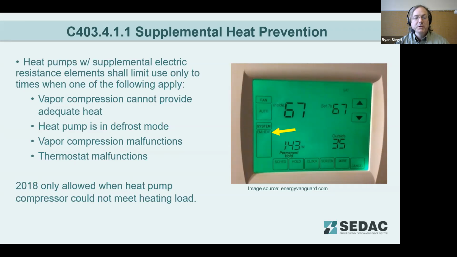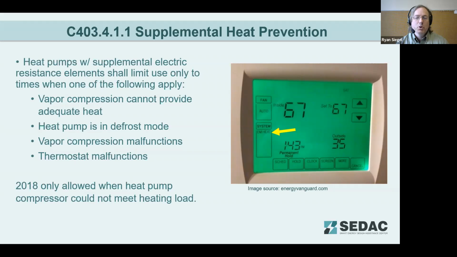During times the heat pump is in defrost mode, obviously it's not going to be able to provide heating while it's trying to defrost at the same time. If the vapor compression malfunctions, or the thermostat has a malfunction. So one of those four conditions would have to apply anytime that electric resistance heating is running.